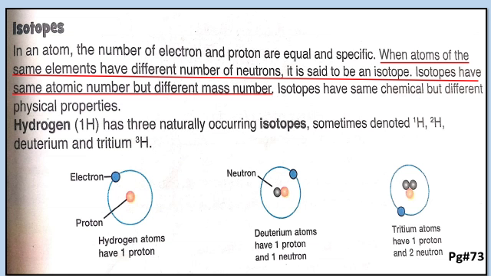लाइक हियर द एग्जांपल ऑफ हाइड्रोजन. हाइड्रोजन सिंबल इज H, has 3 naturally occurring isotopes. हाइड्रोजन के नेचुरली तौर पर 3 आइसोटॉप्स एग्जिस्ट करते हैं, sometimes denoted H1, H2 deuterium and H3 tritium.